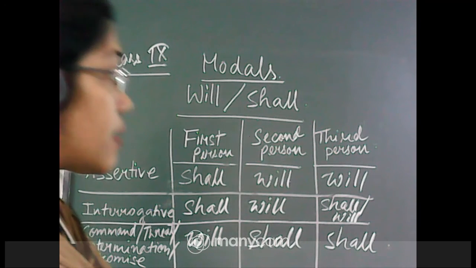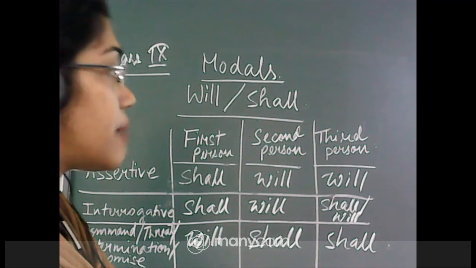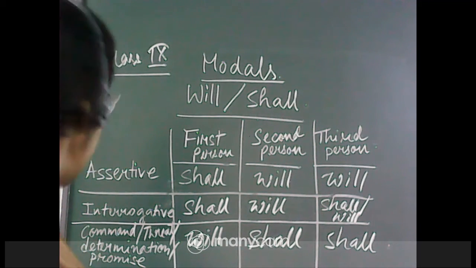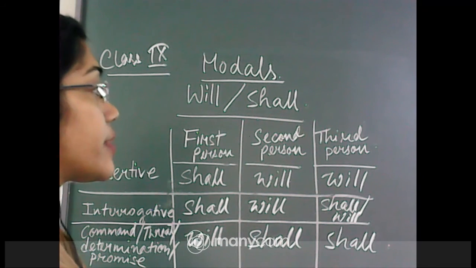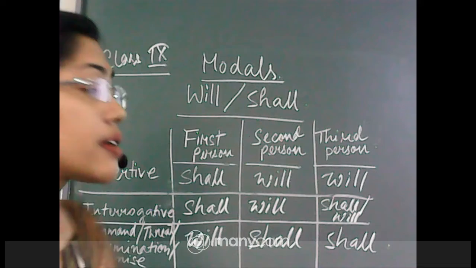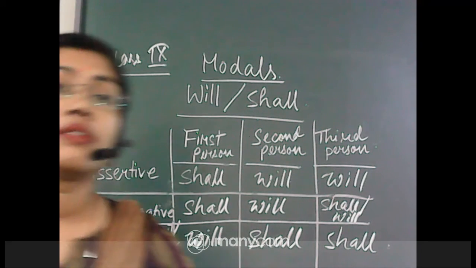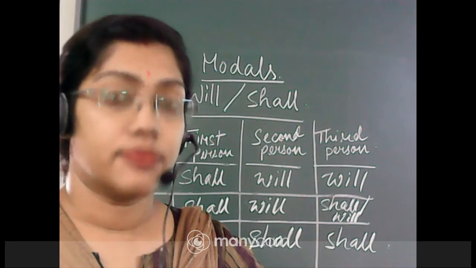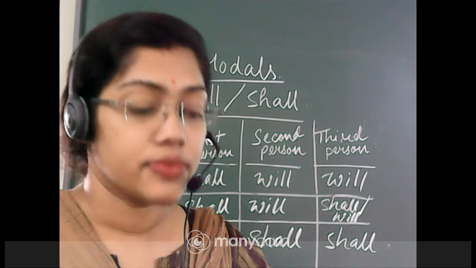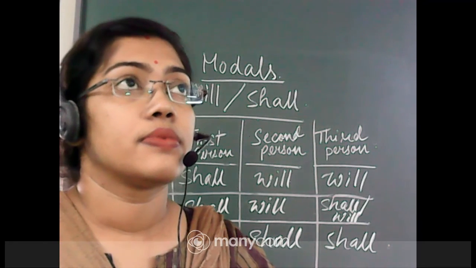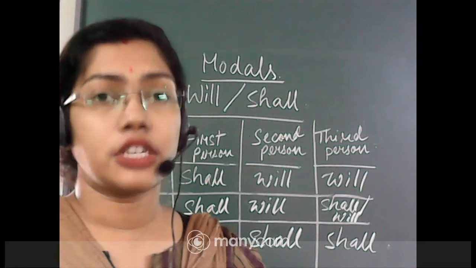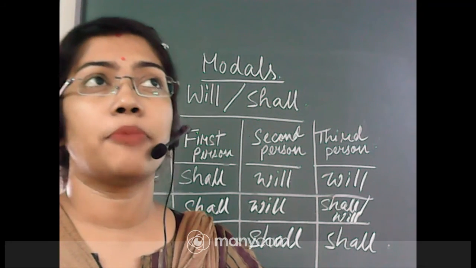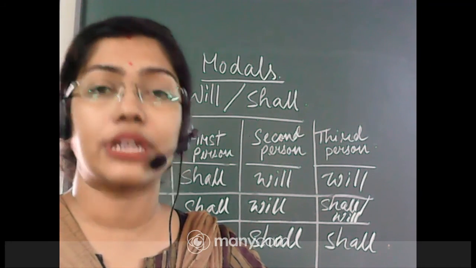Now after writing this, I will be giving you some exercise so that you get the clear idea of what I have said. No, for will and shall, prayers and exclamation is not needed.